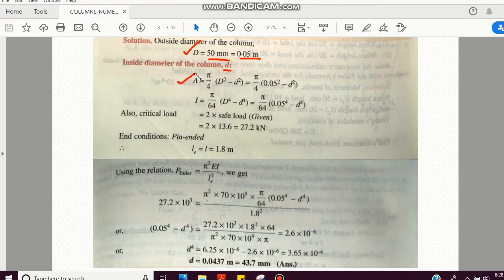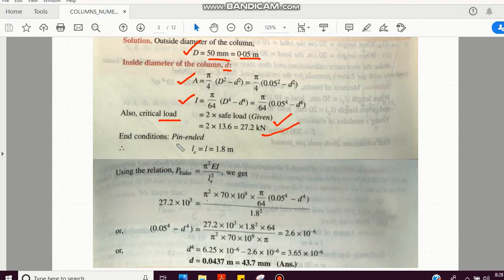So the cross-sectional area is pi by 4 into capital D square minus small d square. Similarly, the moment of inertia I is pi by 64 into capital D to the power 4 minus small d to the power 4, and the critical load is 2 times the safe load, which is given. So the critical load becomes 27.2 kilonewton.